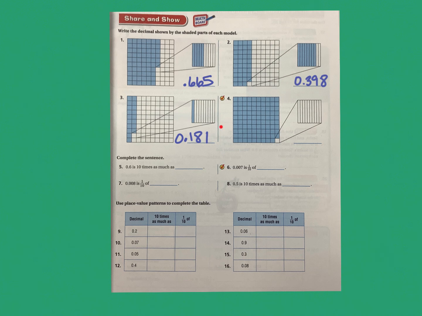Okay, what about this one? What are they doing here? One whole thing, and all of them but one is colored in. That is 99 hundredths. And they zoomed and said, wait, there might be more. And then they teased us and said, no, sorry, there's not. I can put the 0 here because 99 hundredths is the same as 990 thousandths. I have 99 hundredths and no more after that. So 99 cents.